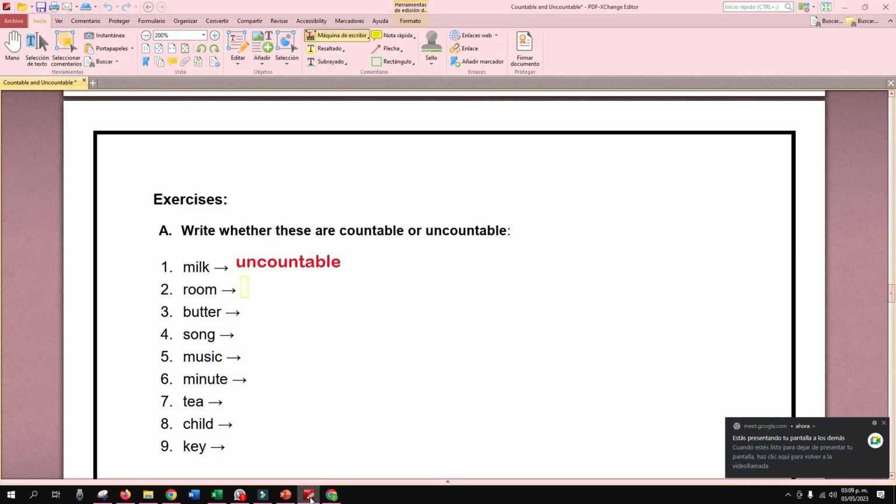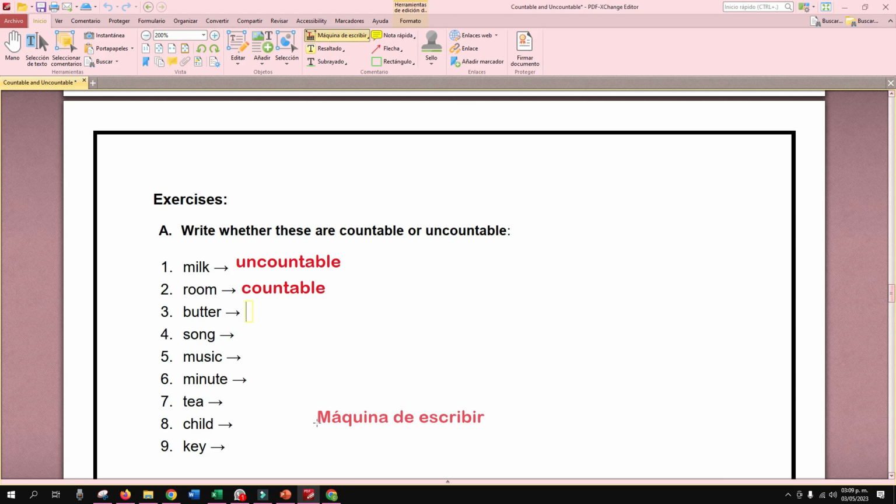It is countable, right? Butter. Countable or uncountable? Butter. Do you know butter, right? Teacher, what's the meaning of butter? Mantequilla. Is it countable or uncountable? Uncountable, right?